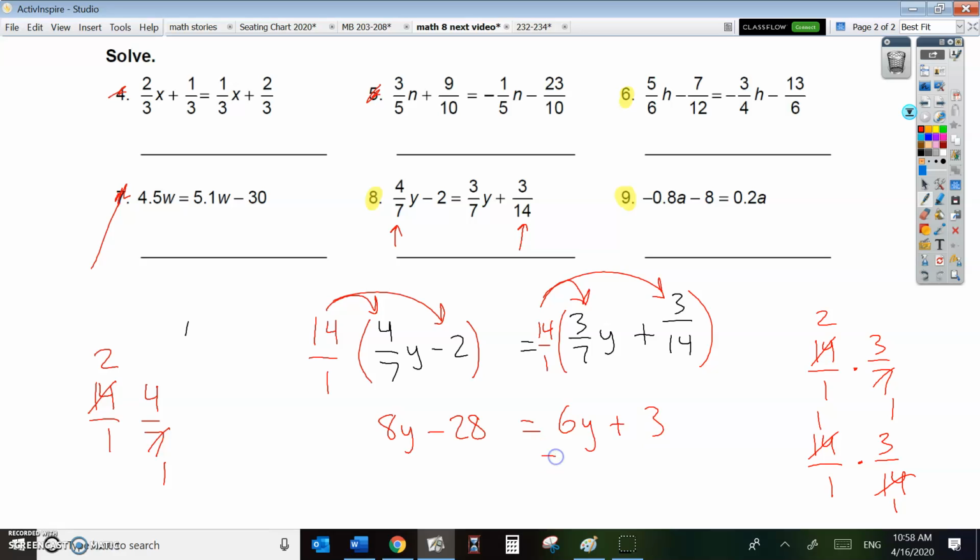Now let's subtract 6y from both sides. And let's add 28 to both sides. So these cancel. These cancel. So you have 2y equals 28 plus 3 is 31.